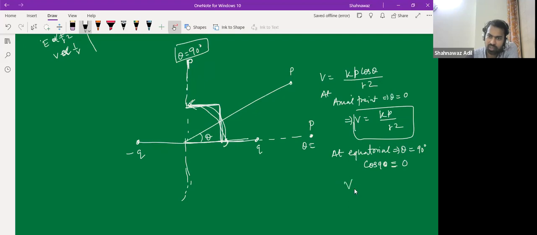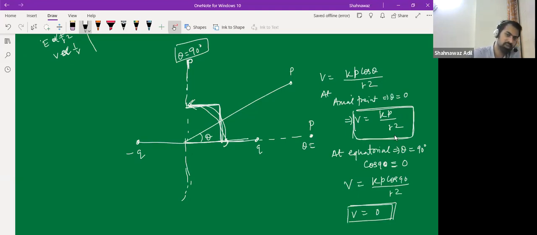So V at the equatorial point would be Kp cos 90 by r square, which is 0. So at the equatorial point for a dipole, potential is 0. At the axial point, potential is Kp by r square.